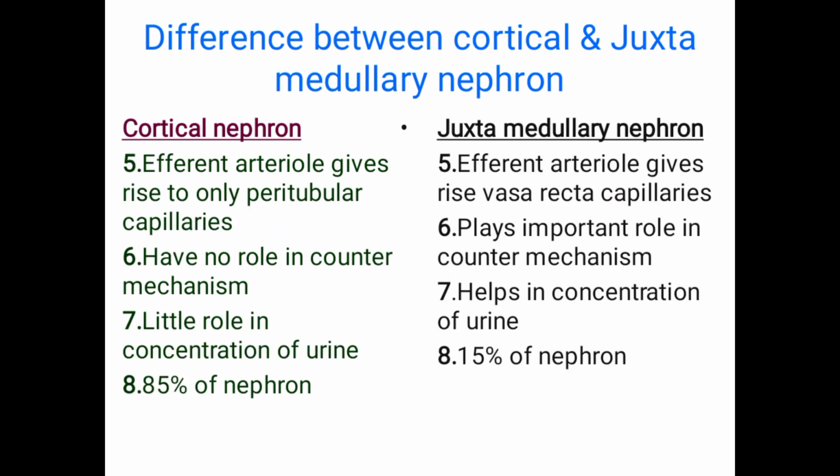In the cortical nephron, the efferent arterioles give rise only to the peritubular capillaries, whereas in the juxtamedullary nephron they give rise to the vasa recta.